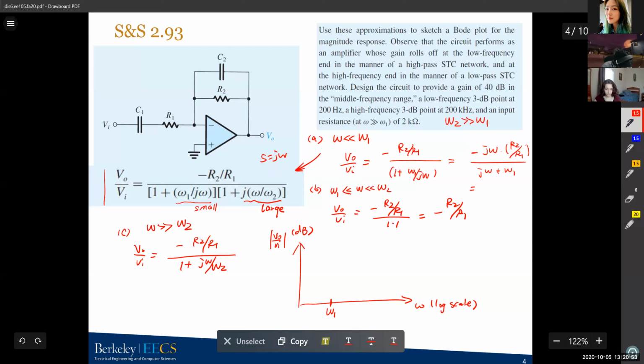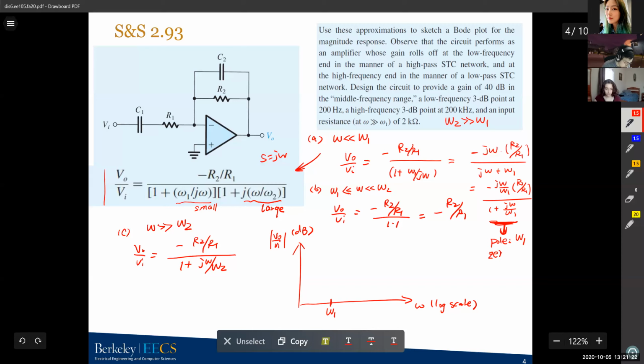And then I will divide it by omega 1 on both sides. I mean, both denominator and numerator will be negative j omega over omega 1 times R2 over R1 over 1 plus j omega over omega 1. This looks quite similar, right, to what we learned. So just by looking at this, we have a pole at omega 1.